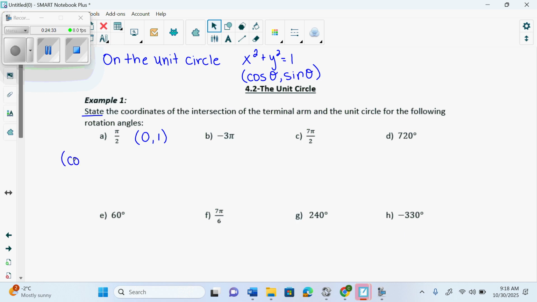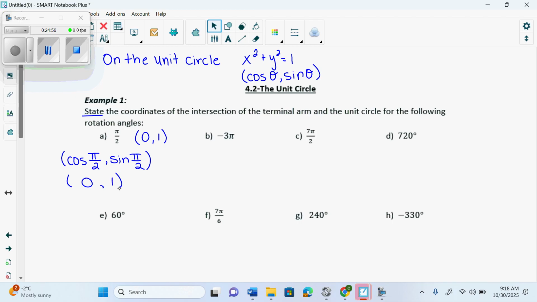Cos of pi over 2, comma, sine of pi over 2. Fun fact: cos of pi over 2 is 0, sine of pi over 2 is 1. They are the same thing.